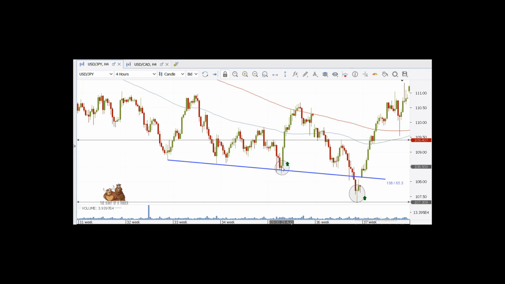is a key. It's a hammer candlestick pattern, which means that the close is higher than the open.